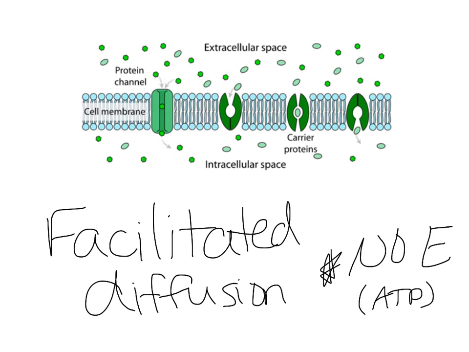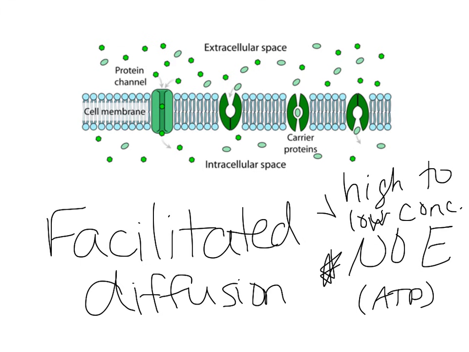It's going to go from a high to low concentration again, so it's going with the concentration gradient. The difference here is that this is called facilitated diffusion. When you facilitate something, you help it. And so facilitated diffusion is when they need proteins to help them, either a carrier protein or a protein channel.